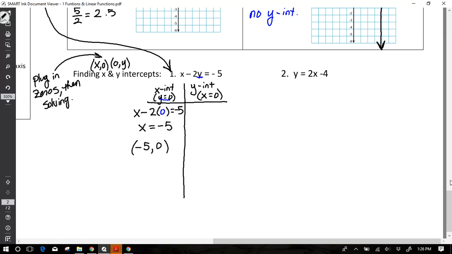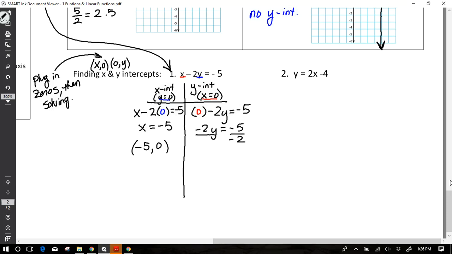Let's try for the y-intercept. So for the y-intercept, I put in a 0 where the x value is. All right, and so let's plug in this 0 for the x. And now I can solve. So negative 2y equals negative 5.